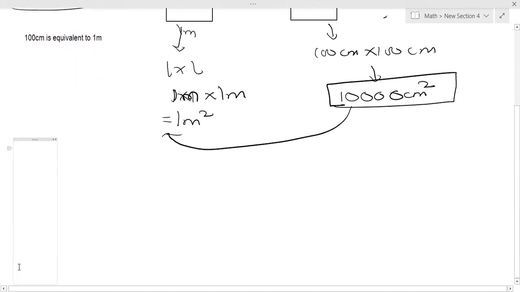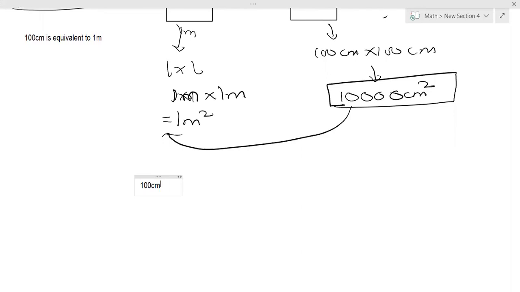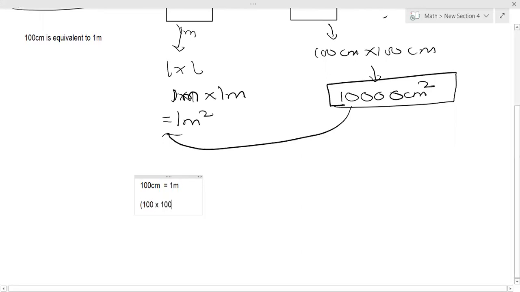So we can start something like this: 100 centimeter is equal to 1 meter. So it means that 100 times 100 centimeter square will be equal to 1 meter square.